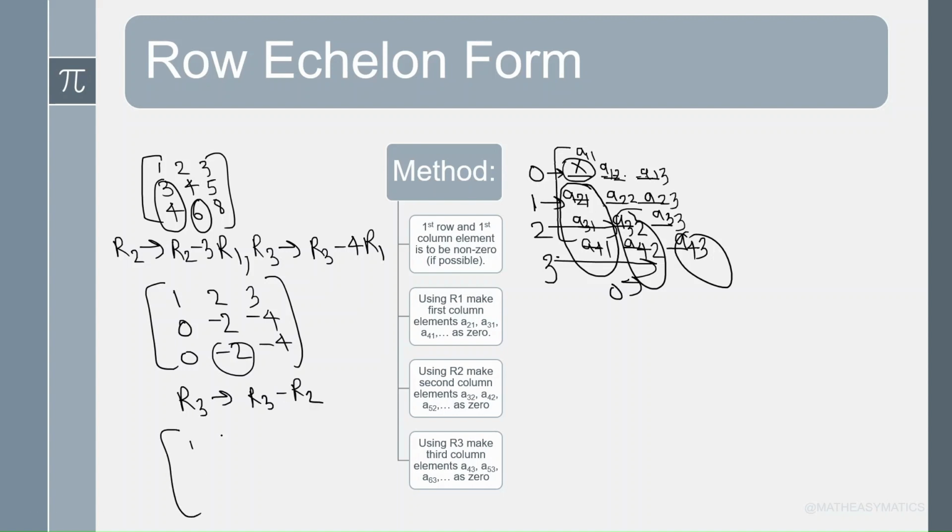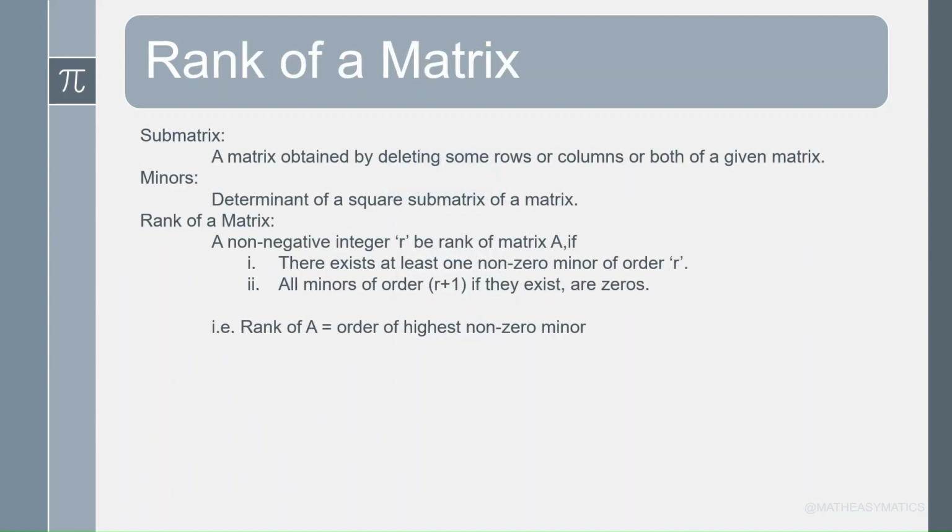So here we get 1 2 3, 0 minus 2 minus 4, 0 0 0. So this matrix is in row echelon form. See, here we have zero zeros, here we have one zero, and here we have three zeros, as it is a zero row.